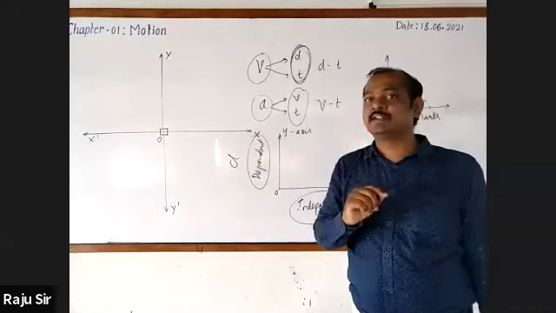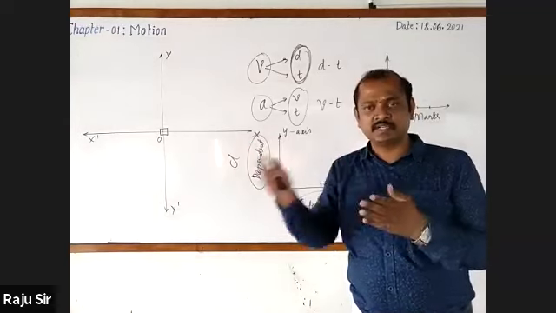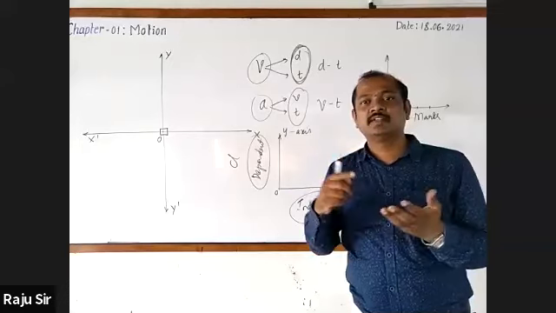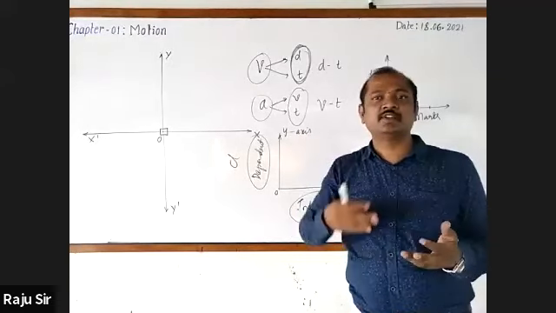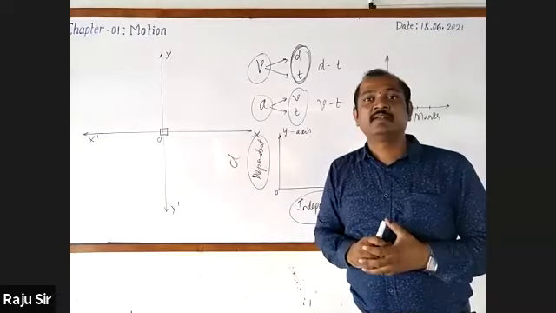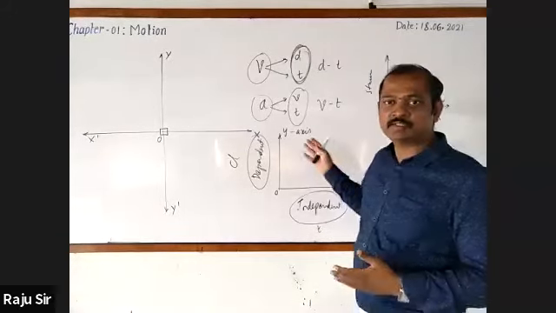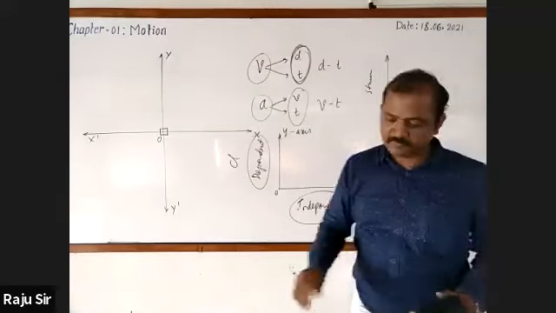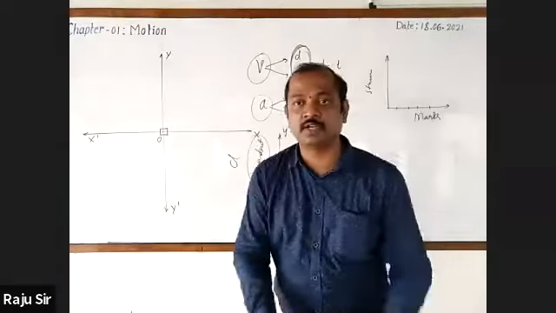Now the question is how to represent these motions, that is speed, velocity, constant velocity, non-uniform velocity, acceleration, deceleration, non-uniform acceleration, uniform acceleration. Let us come to know how to represent all these in the graph in today's class. Now please write the side heading. It is graphical representation of motion.